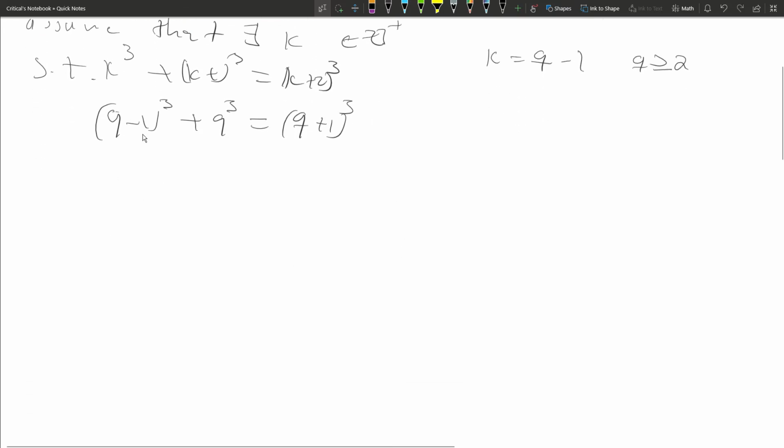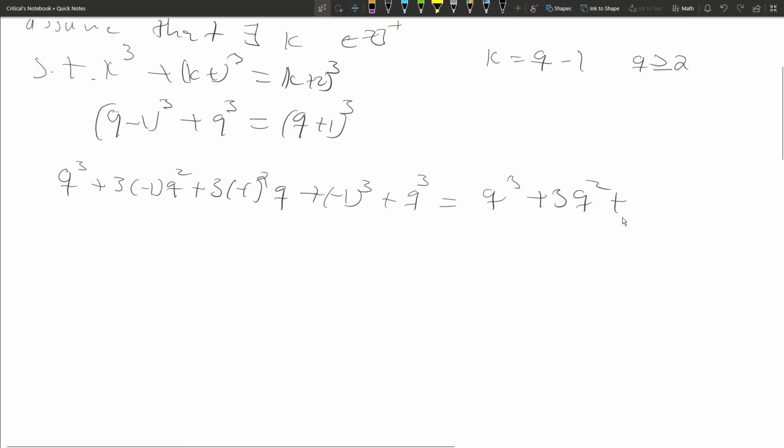If we expand this, I think we get q cubed minus 3q squared plus 3q minus 1, plus q cubed, equals q cubed plus 3q squared plus 3q plus 1.